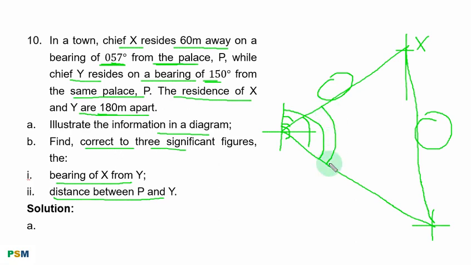You have this angle, so that we can compute the distance between P and S. But before then, the bearing of S from Y is needed. From Y, you move from the north to that line that joins S and Y together. That must be 270 degrees plus this other angle.